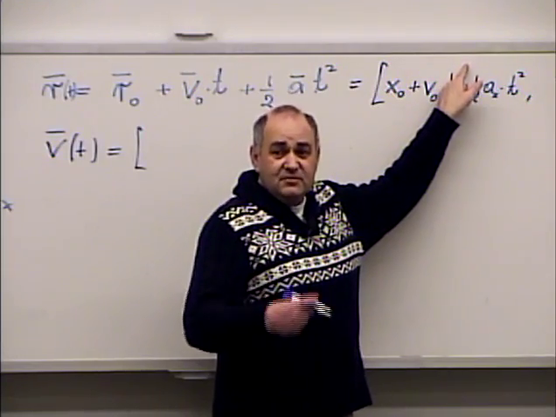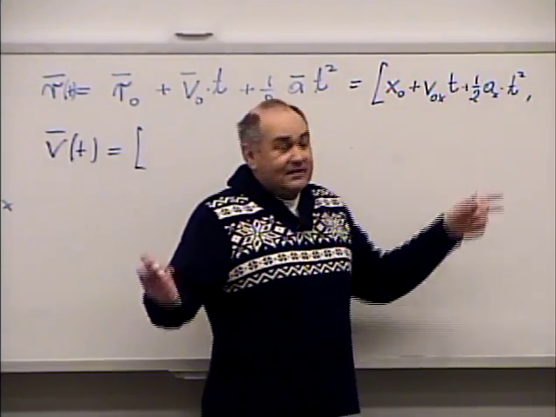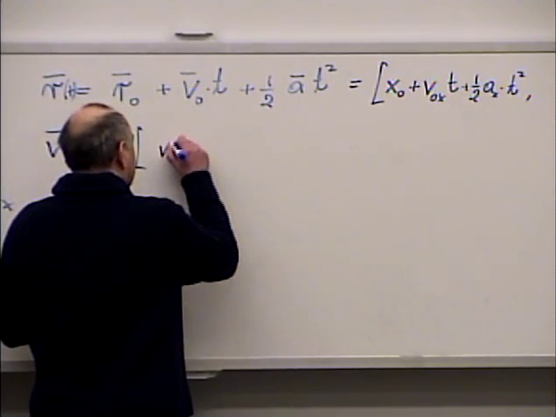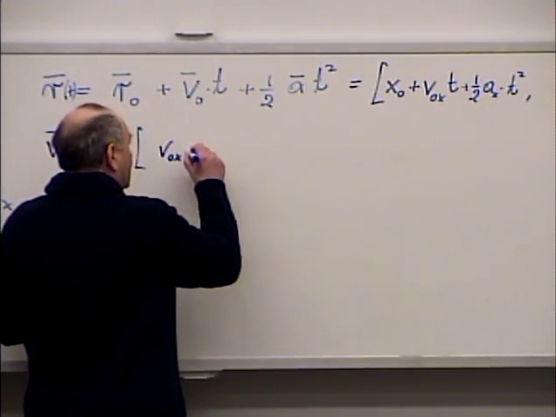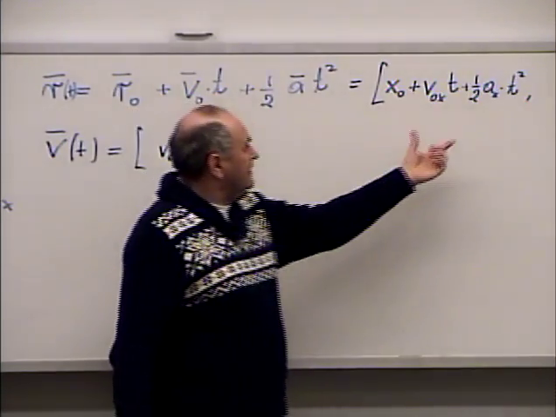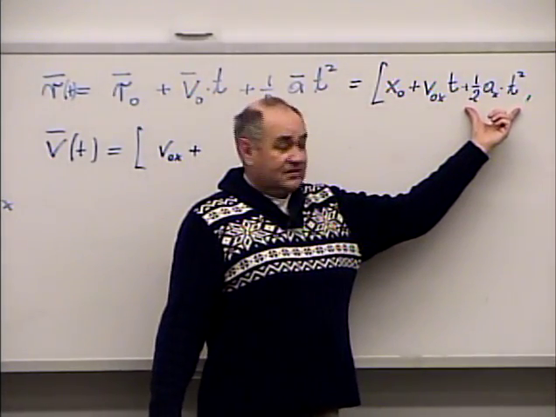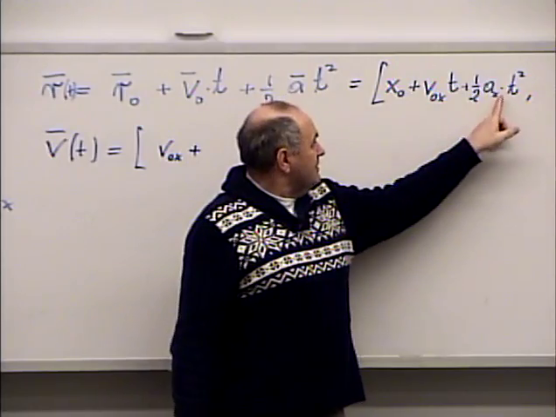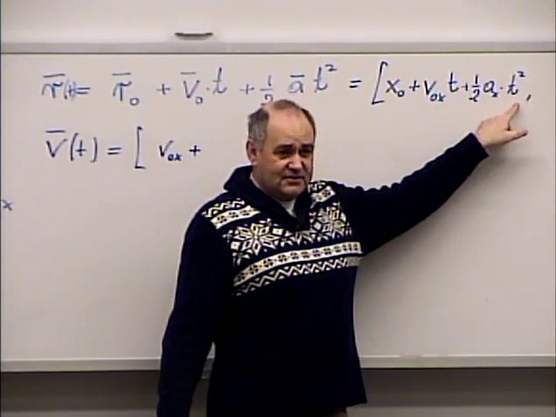Derivative will be 1 times t to 1 minus 1, so it will be v0x plus, now, derivative of this function. Here it is a quadratic function. We have a certain constant multiplied by a quadratic function.